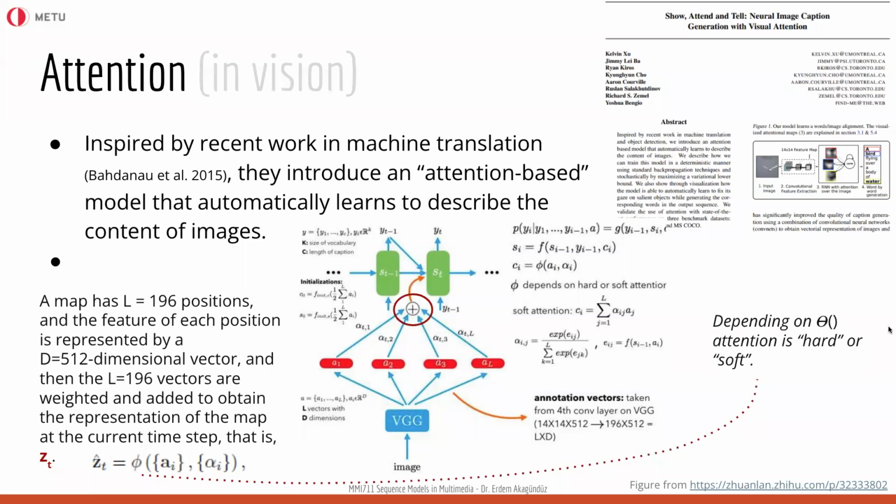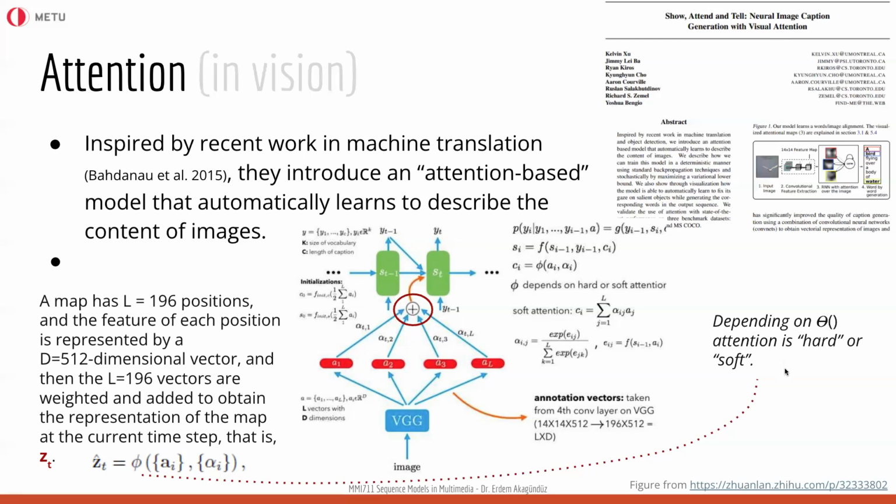Good. So while we are calculating the context vector, we are using the alphas, right? If it is the weighted average of all of them, we are using all of them.